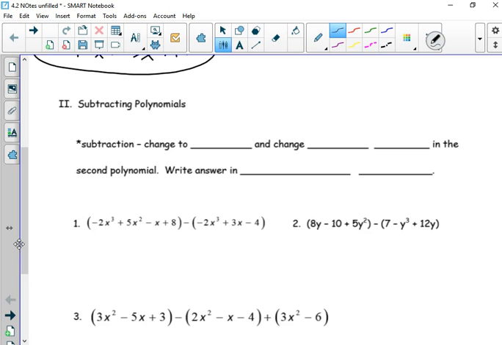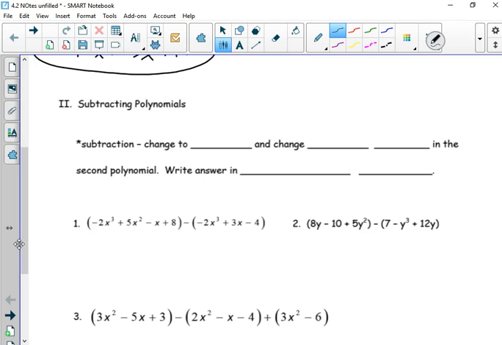Okay, for subtraction, this is where it's very important. The subtraction, the parentheses matter. The first set of parentheses don't matter, but the second set definitely does. Because the negative sign is going to get distributed to everything.